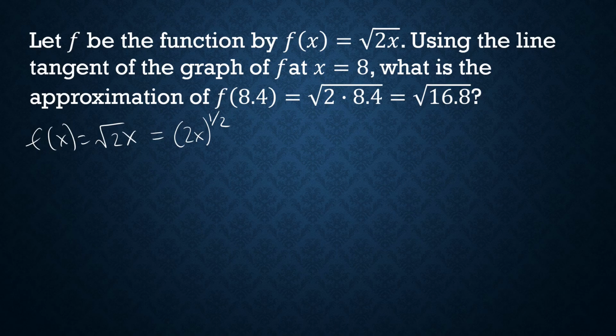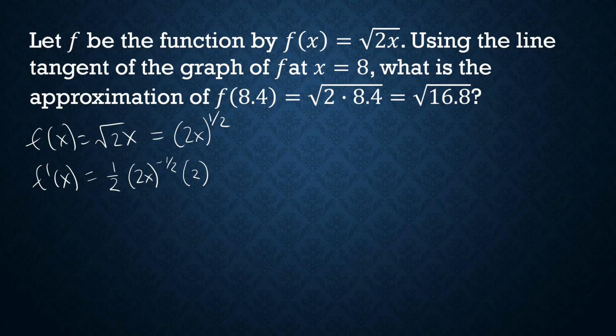Now in this one, I'm not going to use the definition of a derivative, but to find the derivative of this, I'll move the 1/2 out front, and then reduce the exponent by 1. 1/2 minus 1 is negative 1/2. And then take the derivative of 2x, which is just 2. That's using the chain rule.